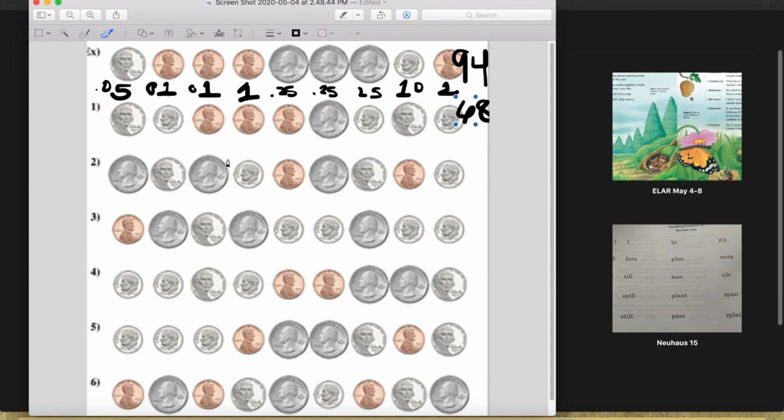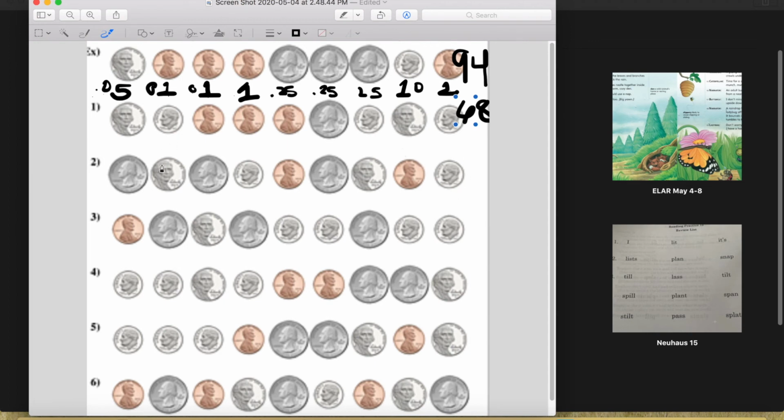So then we can go over here. Do the same thing. Try to find your big quarters first. I know you see me jumping around, but as I jump around, I'm just trying to go from my biggest amount worth to my smallest amount worth. So I have 25, skip there because that's not a quarter. I'm finding all my quarters. 25, 50, 75, no more. So now I go to my dimes. 75 plus 10 is 85, plus 10 more is 95.